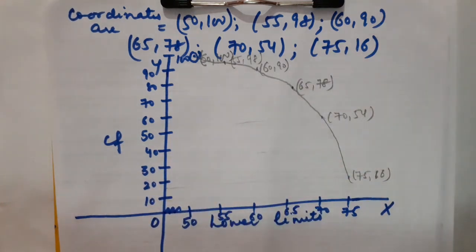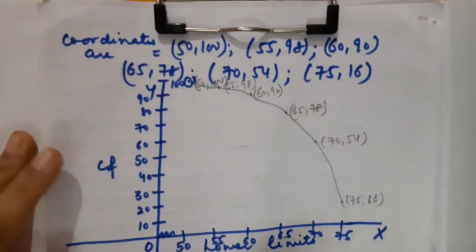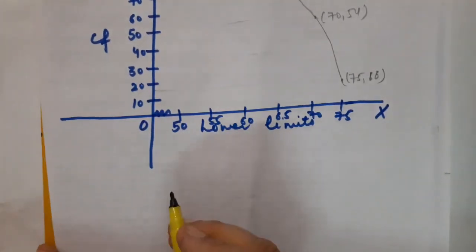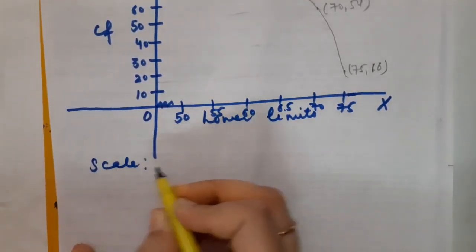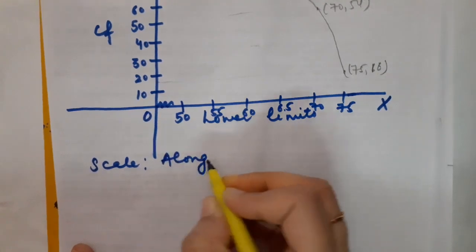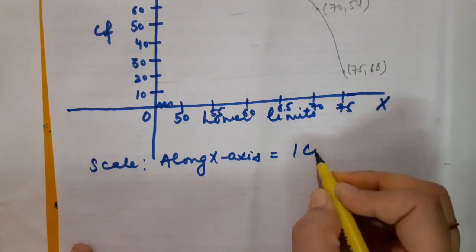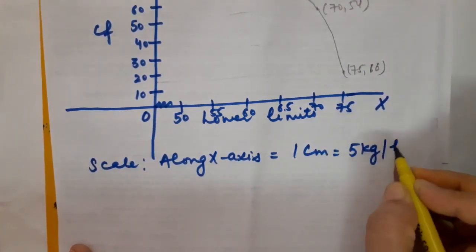Understood? Now children, only the scale factor is left. You are supposed to write down the scale here. Due to less space, I will be writing it below. Scale along x-axis: 1 centimeter is equal to 5 kilogram, or you can write hectare also.